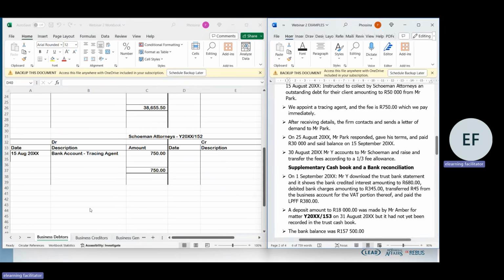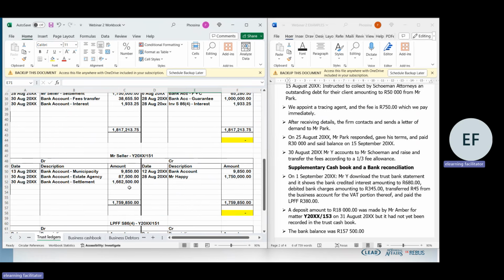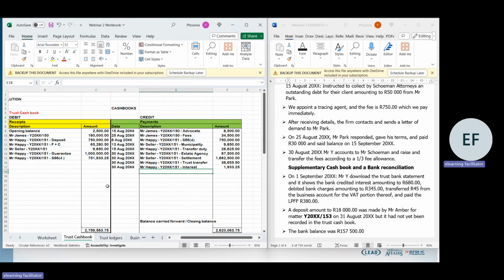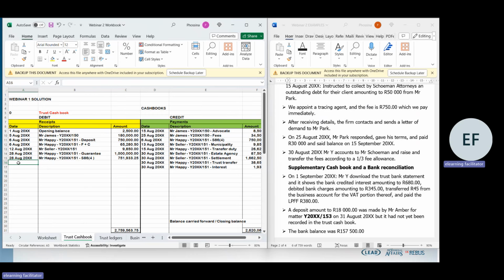So in our trust, this is a trust creditor, we record on the cash book, we are receiving money here. How much are we receiving? When are we receiving? 25 August 20XX. And this is for Schoeman. We are doing this on behalf of Schoeman attorneys.